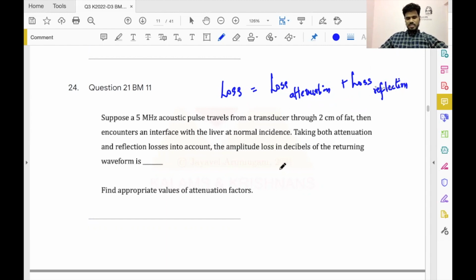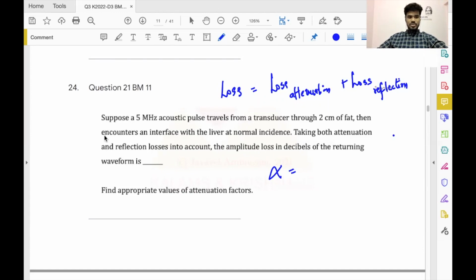Can someone help me with alpha for this thing? That is how many decibels per centimeter. Can you quickly look at the book for the typical value of alpha? 20 log into mu a? No, I don't want that formula. We all know that formula.